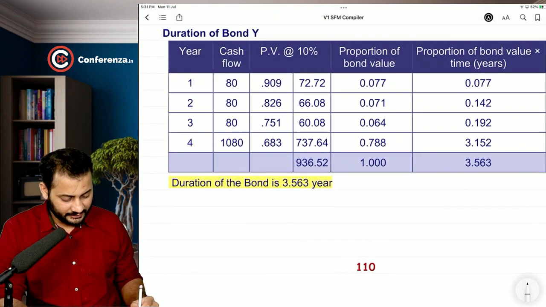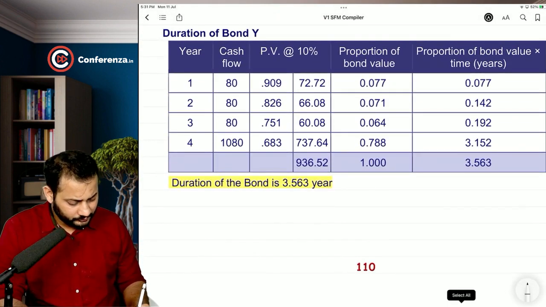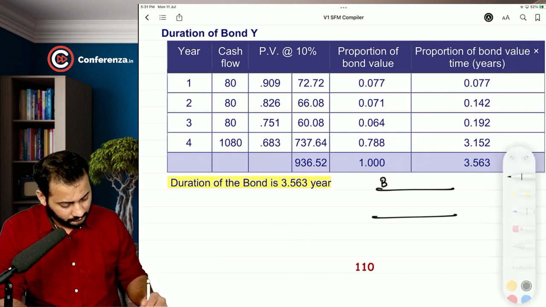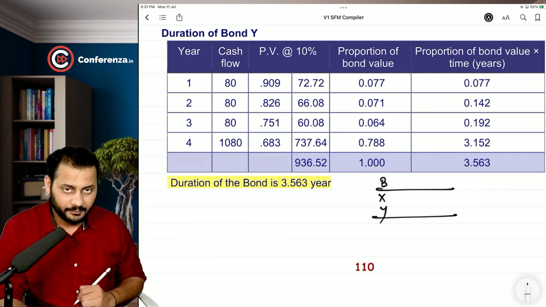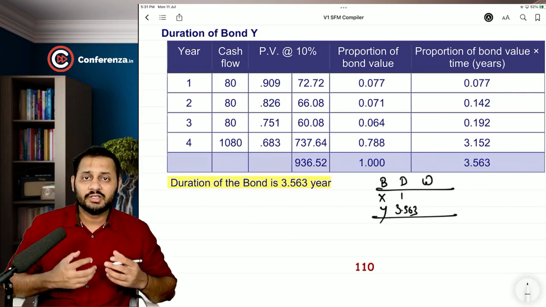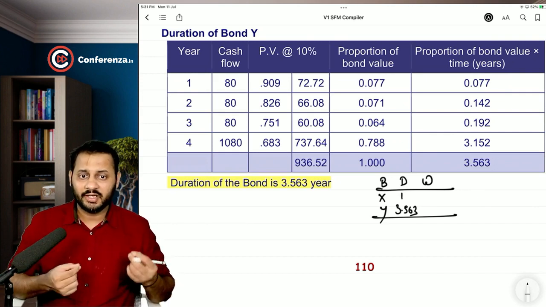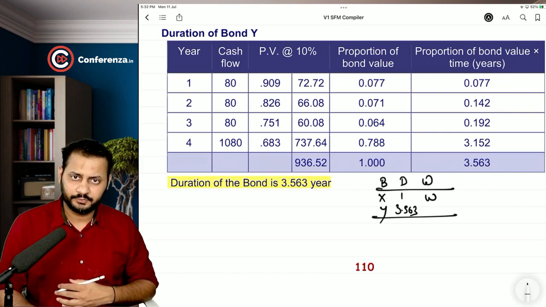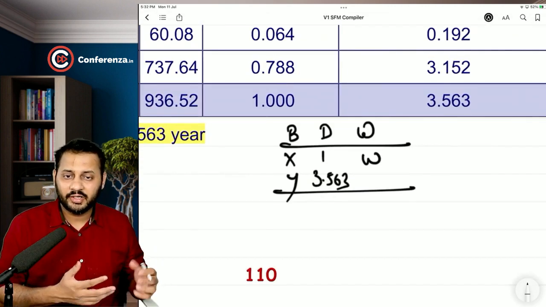What you can do is like this. Bond X, Y, duration 1 and 3.563. Let's say the weight, the amount that you are investing in bond X is W, because that's what we want to find out, right?